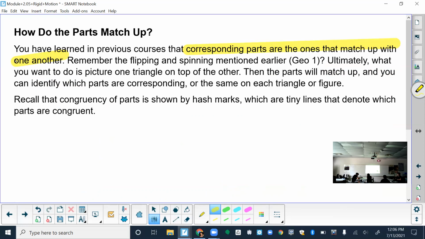So those 2 triangles that we looked at, just kind of picture them on top of each other. That's a good way to think of the corresponding parts. You know that A lined up with D and B lined up with E and so on.